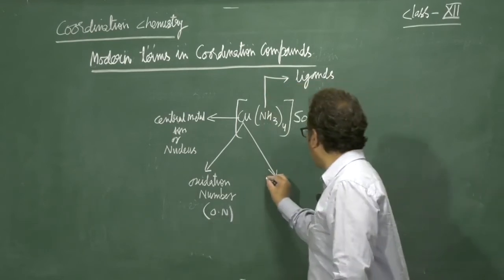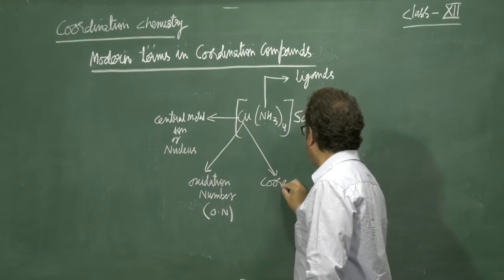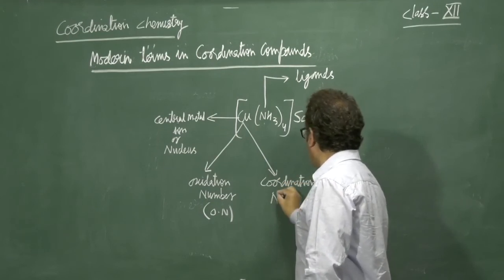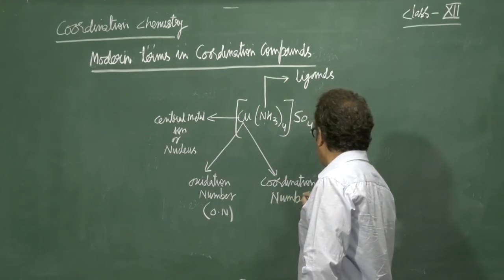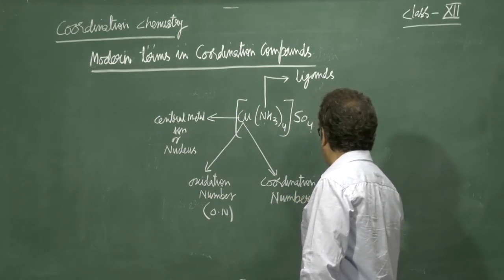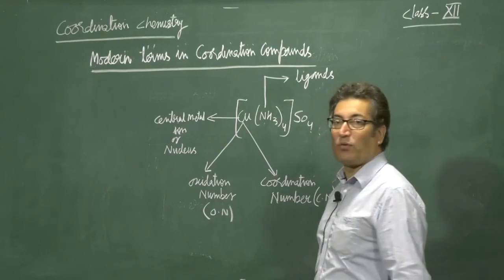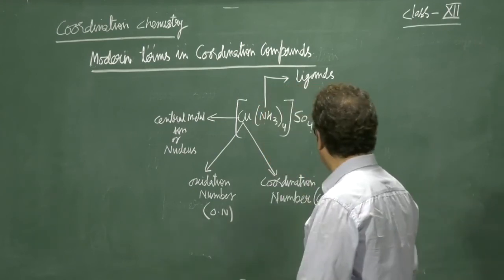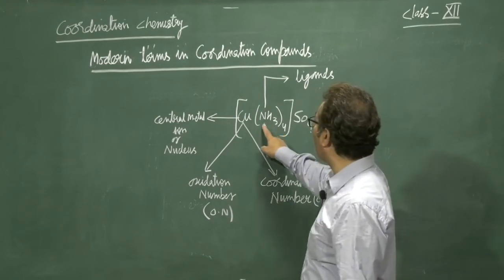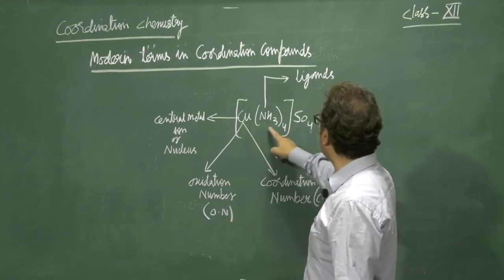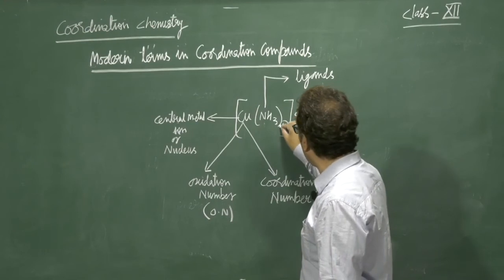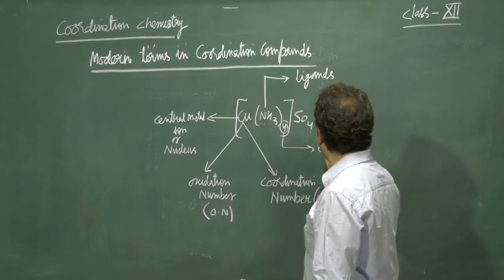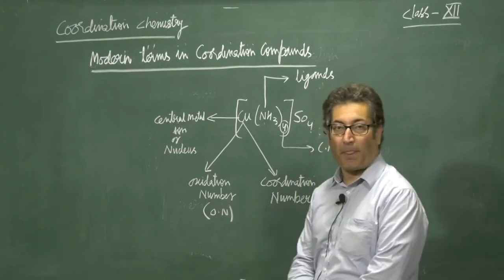And second is its coordination number, C.N. So there are two numbers: one is the oxidation number, another is the coordination number. This coordination number is related to the ligands. Here, how many ammonia molecules are attached? 4. So we say the coordination number of copper in this compound is 4.